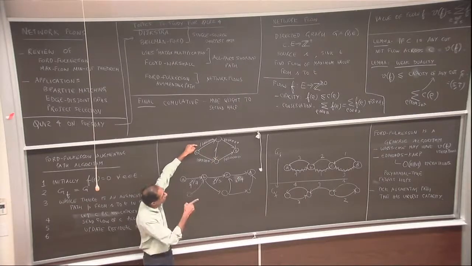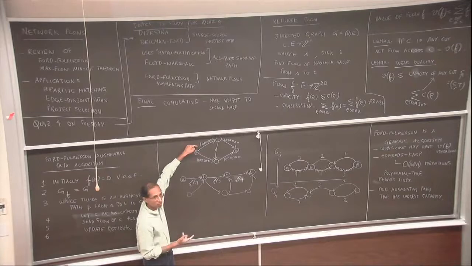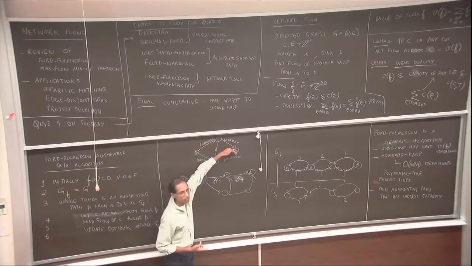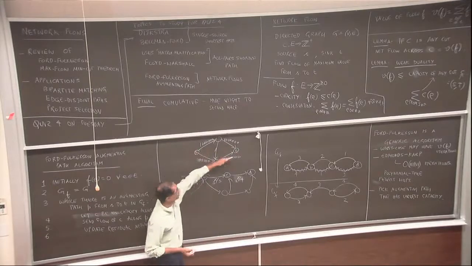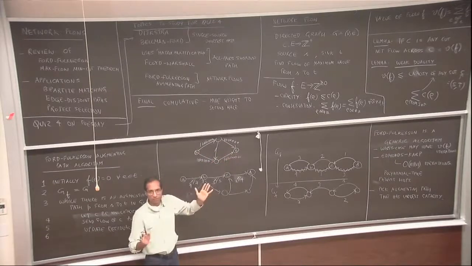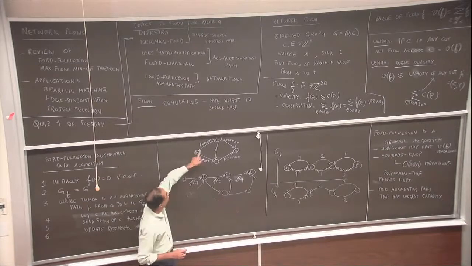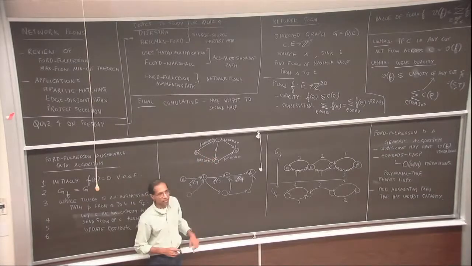Instead, if you were to do Edmonds-Karp, where you take the shortest path, the very first path you would take is this. So you would send 1 million units on that, then the next path you will take is this. You will send a million units, so that you'll be done. If you were to take the augmenting path that has the largest capacity, again, you would choose one of these two paths, and then you will be done.